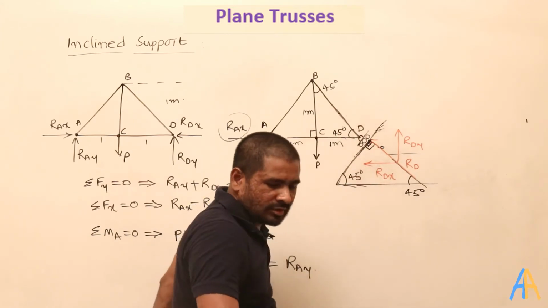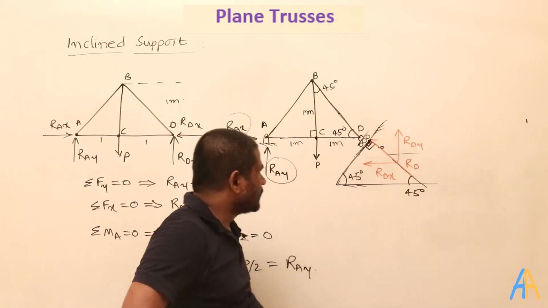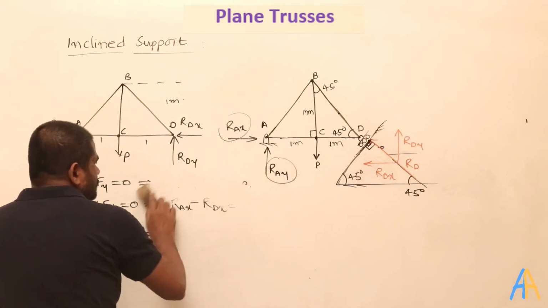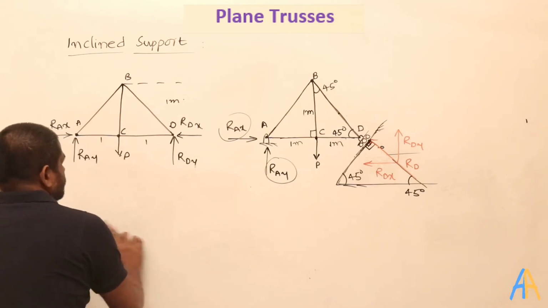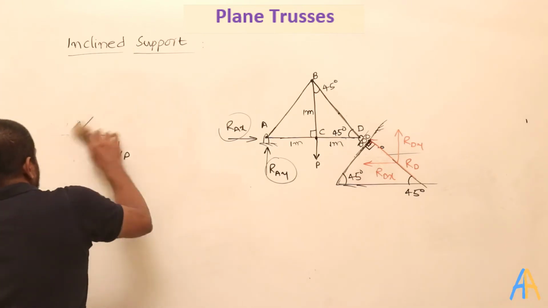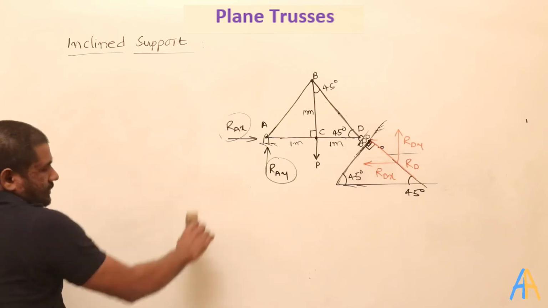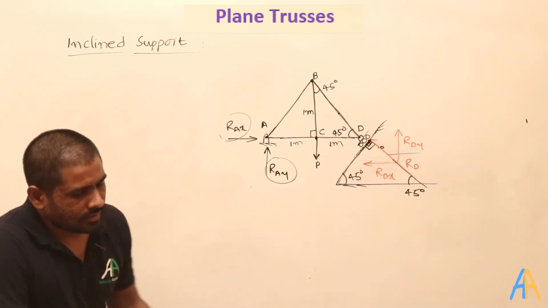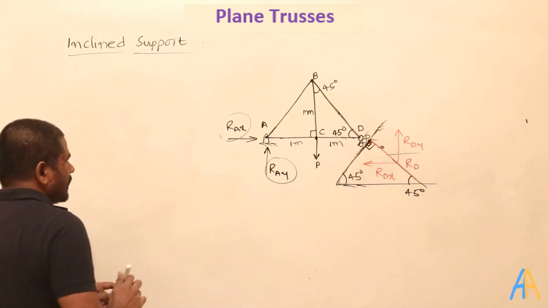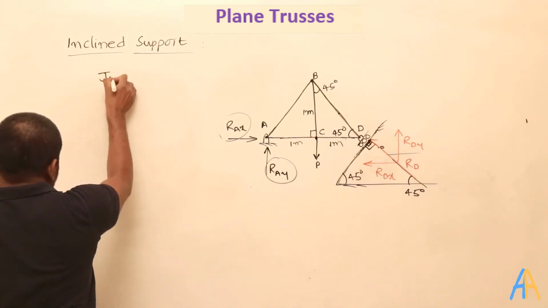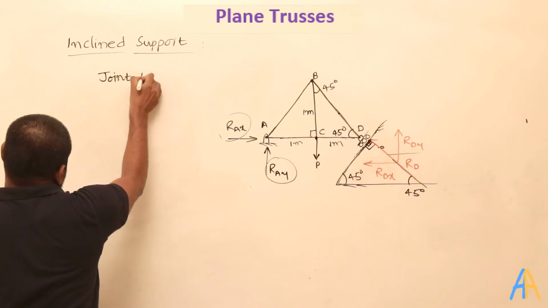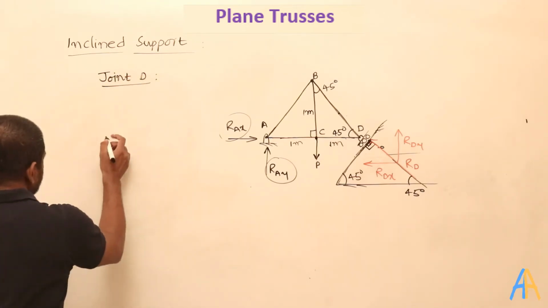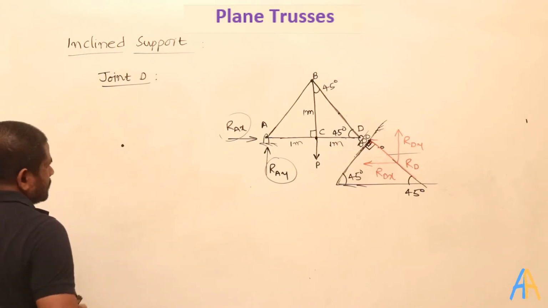Whenever the normal reaction is collinear with a particular BD, what happens then? What is the advantage because of that? The advantage is here. For example, I will take the joint D. At the joint D, what are the forces?